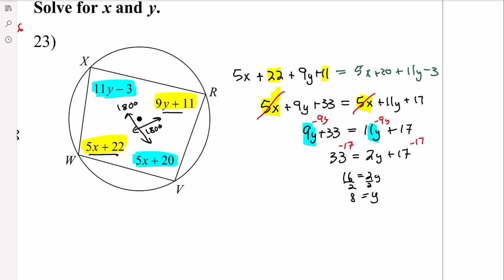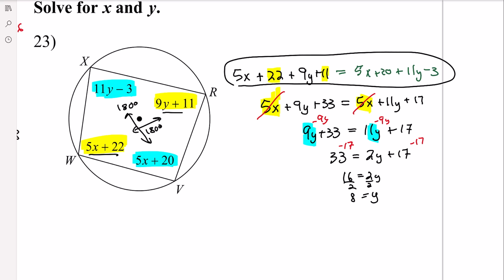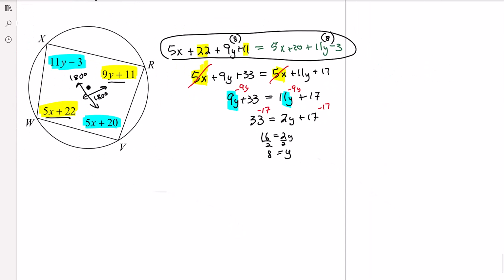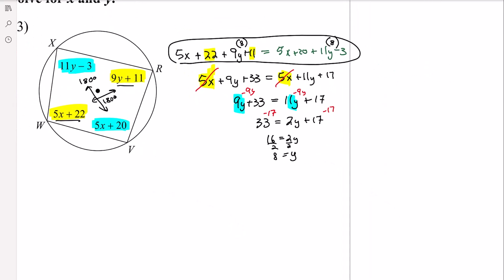So let's look up here. Let's go back up here, and everywhere there's a y, let's put 8. So let's see what we got. I don't know that I'm going to love this because those 5x's are still going to cancel.